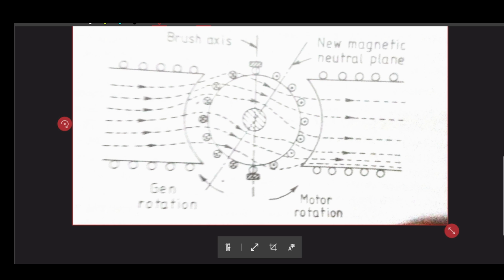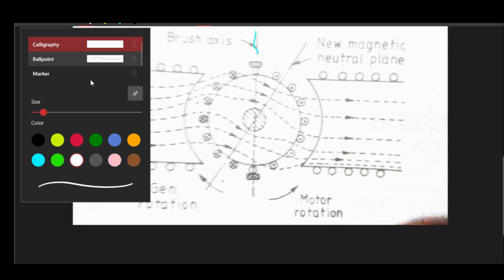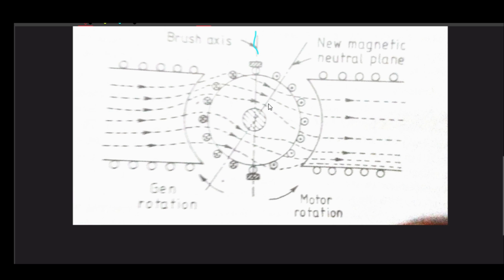See, when the armature current was 0, your field winding can be represented by a vector like this.